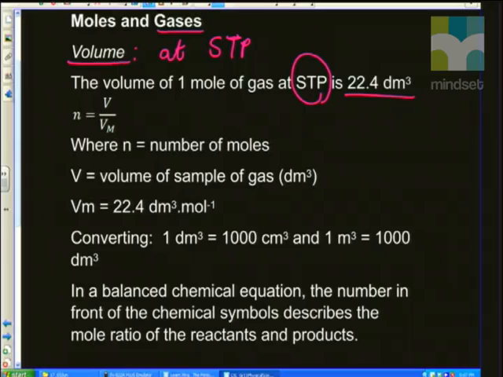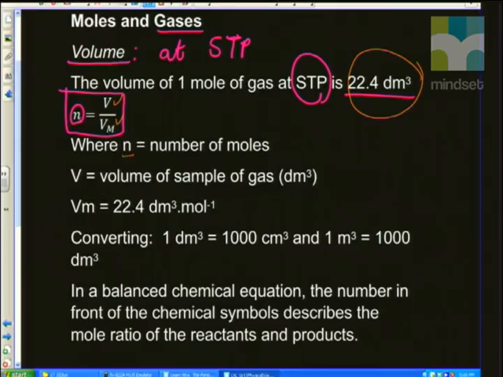Good. So in that situation, the number of moles, n, the very same n, will be given by the given volume divided by the molar volume. And what do we mean by the molar volume? We mean that 22.4 cubic decimeters.